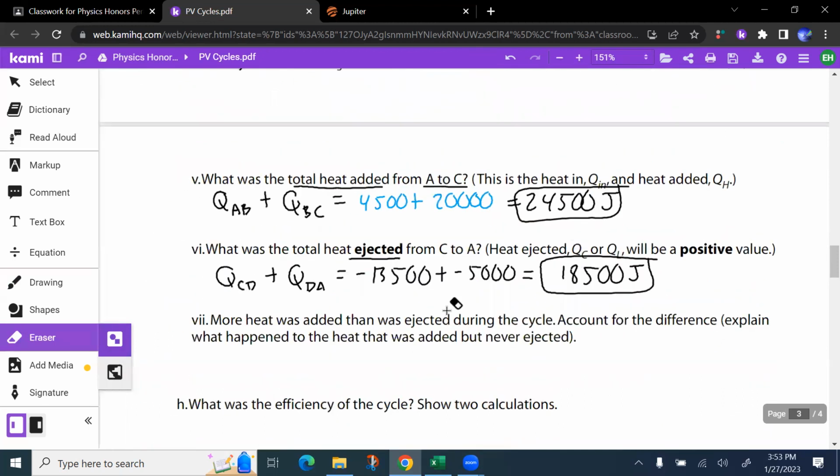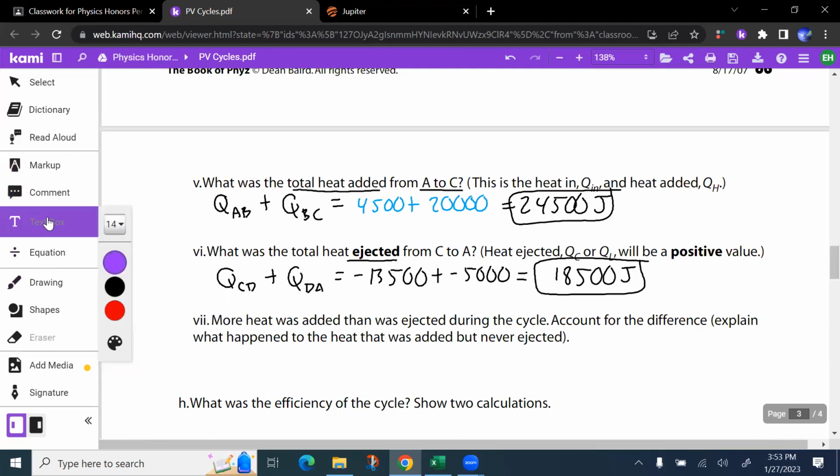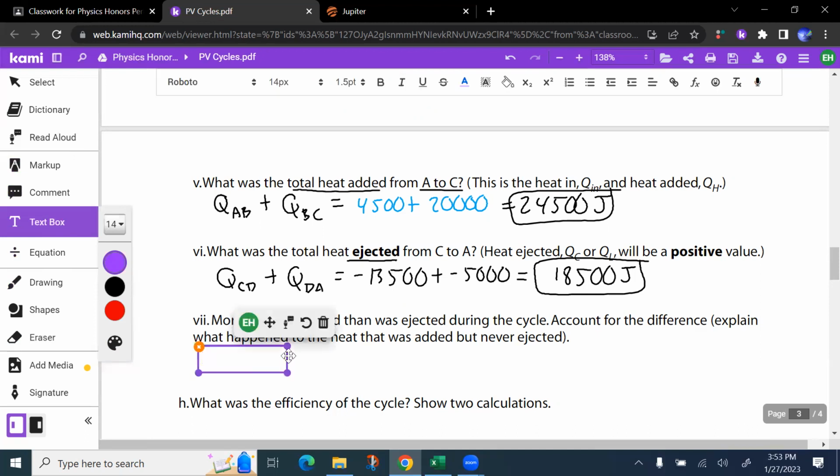Part 7: more heat was added than ejected during the cycle. Account for the difference, and explain what happened to the heat that was added but never rejected. What we can say for this is that the heat that was added but never ejected became mechanical work.